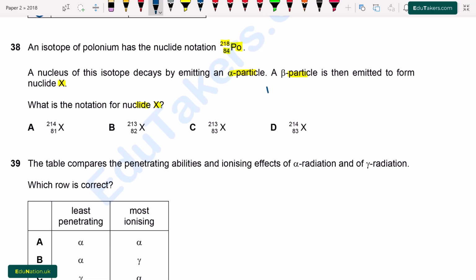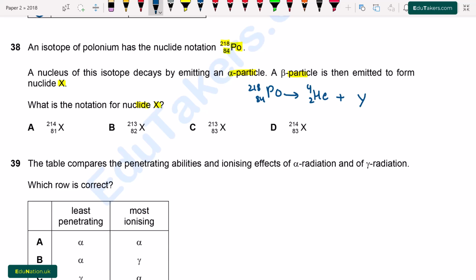So first of all, here is polonium. It decays by the emission of an alpha particle. First of all, an alpha particle has atomic number 2 and mass number 4. Plus, I suppose that here will be element Y.